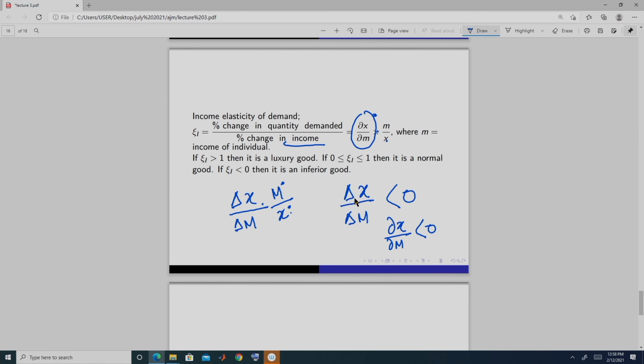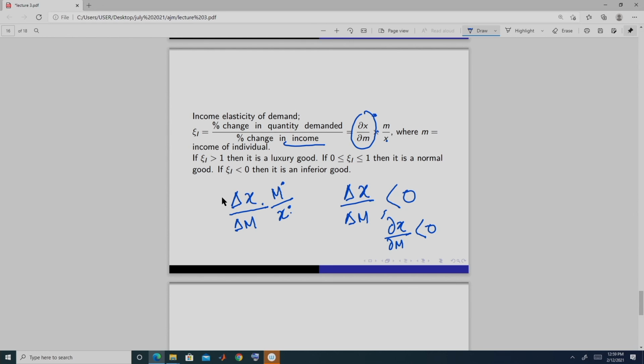Now if this is negative, then it means if you increase income, quantity must decrease. This is only when we have an inferior good: when our income increases, we reduce the consumption of that good, and in marginal terms we get this to be negative. Whenever we have a demand curve such that we increase the income and the quantity demanded decreases, then we say that it is an inferior good.